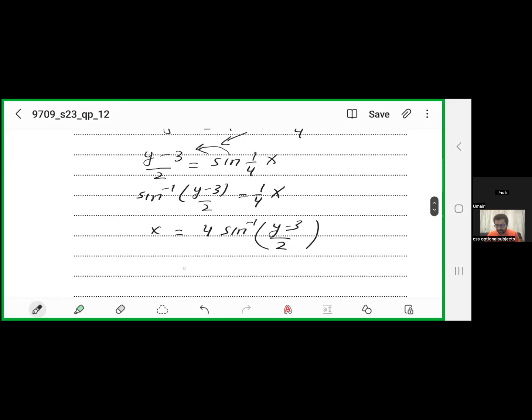And now replace x by f inverse x and y by x, as we do. So you will get your inverse function like this: 4 sine inverse of x minus 3 over 2.